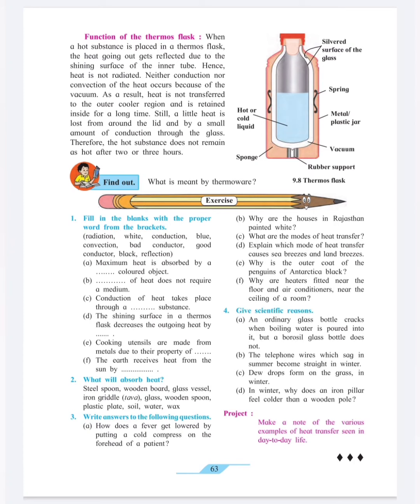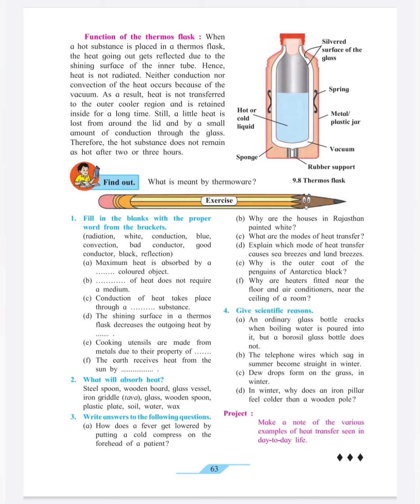The heat present inside the thermos, for example in hot tea or hot water, has no medium to pass from inside the thermos to the environment outside, therefore the heat remains in the thermos for a longer period of time.